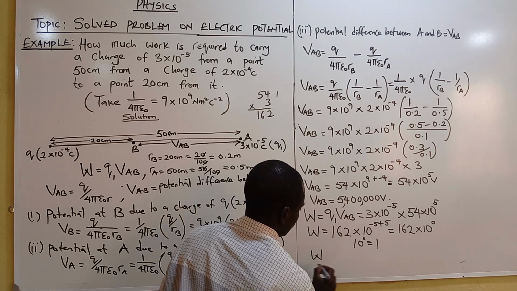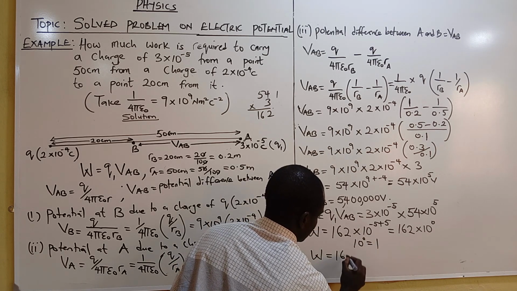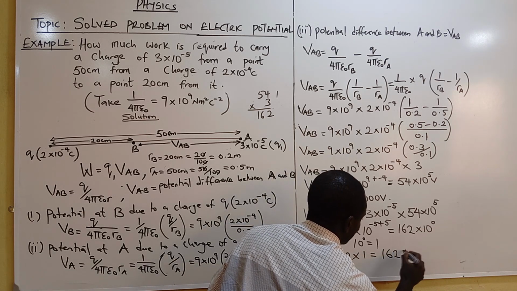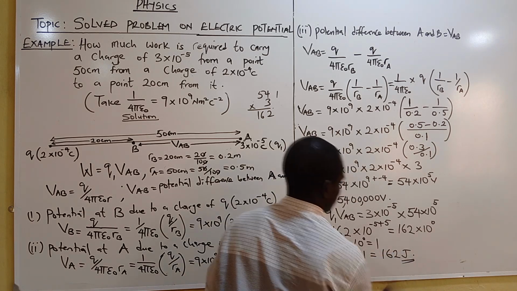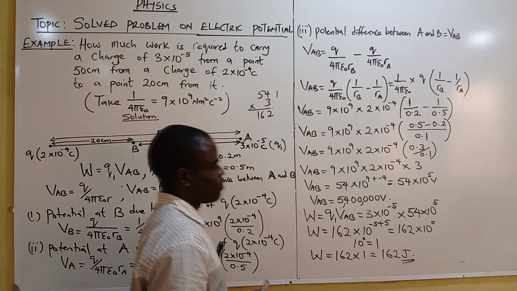Now work done equals 162 times 1, which is 162 joules. This is the work done in carrying the charge of 3 times 10 to the power minus 5.